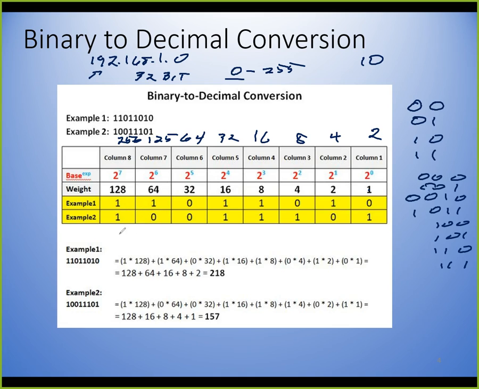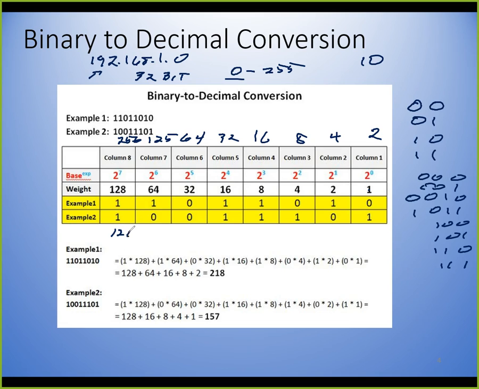And then somebody gives you an IP address. If you get the binary here, 1, 1, 1, 1, 0, 1, 1, 0, 1, 0, the way we convert that: 1 times 128 is 128, and these are down here.